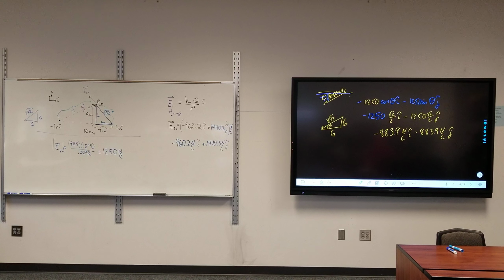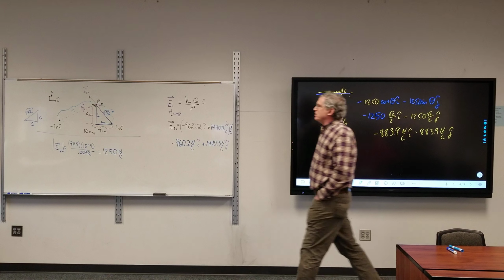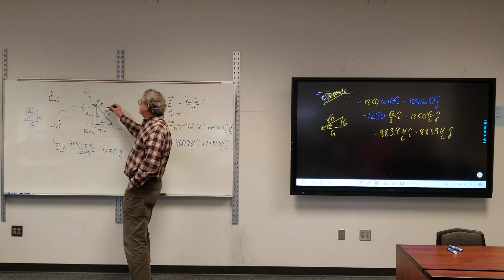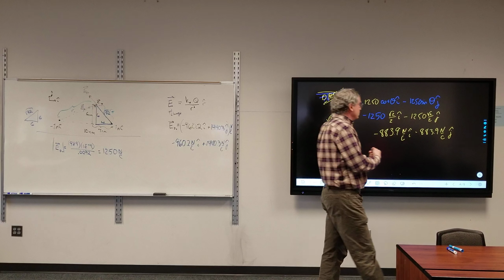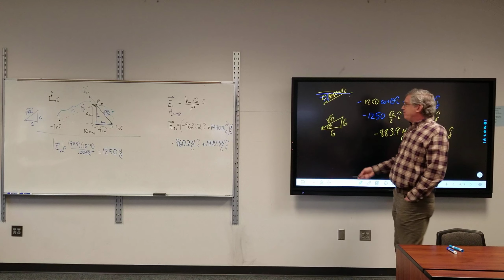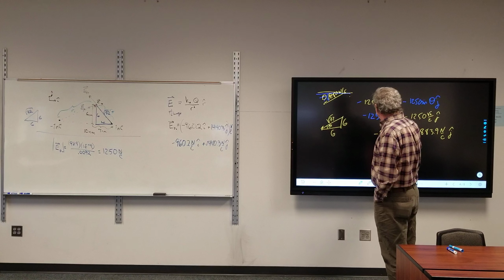All right. Now, the original question is, what is the electric field at point P? This is what we're finding right here. And so we need to add them. I have EP plus, I have EP minus.